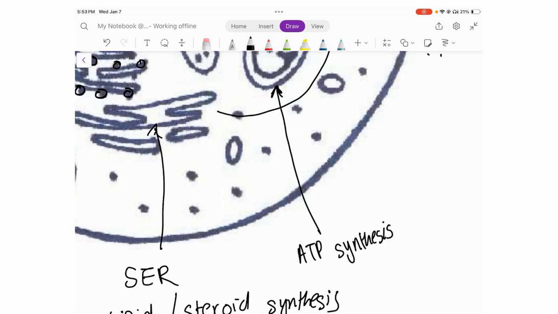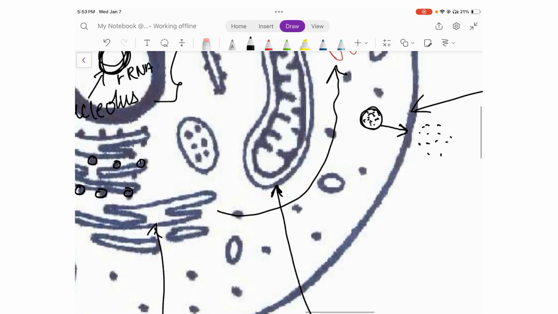Unless ATP synthesis occurs, the cell will lack the amount of energy that it needs to perform its daily tasks to maintain its proper functioning. So the mitochondria is a double membrane structure, as you can see right here. It's double membrane, and it has its own circular DNA. So it means that it can code for some protein.